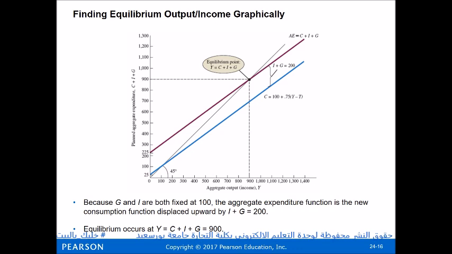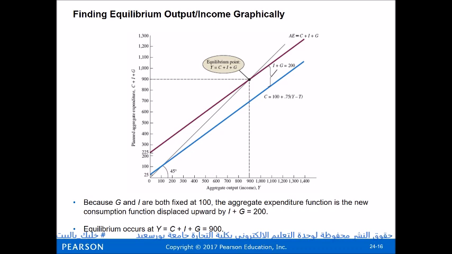First, the aggregate expenditure line, which is the sum of C, I, and G, and it takes, as you can see, the shape of an upward straight line shown in dark red, and also shows the 45-degree line representing the level of income, or Y.